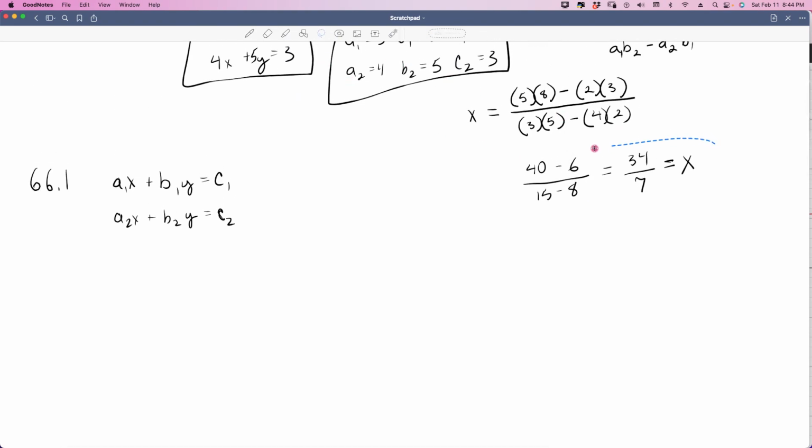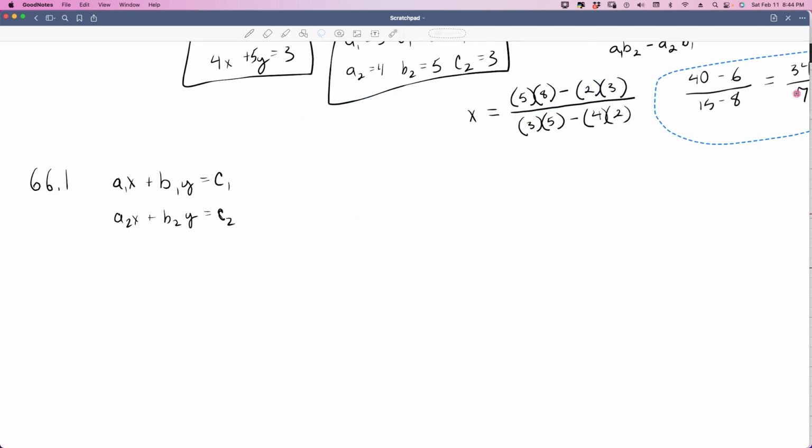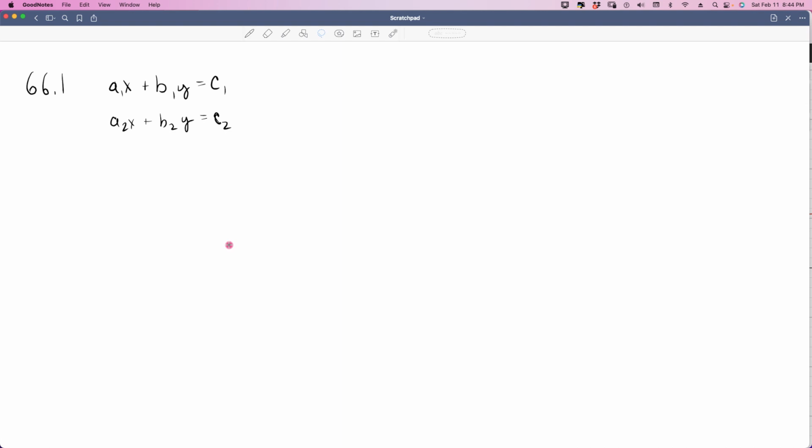And I'm going to move this out of the way just so we can have our answer over here, just so we can get it back, right? So let's solve for y this time. To solve for y, instead of multiplying by the b's, we're going to multiply by the a's. So in this case, I'm going to multiply by a2, and let's do negative a2, and then this would be a1.